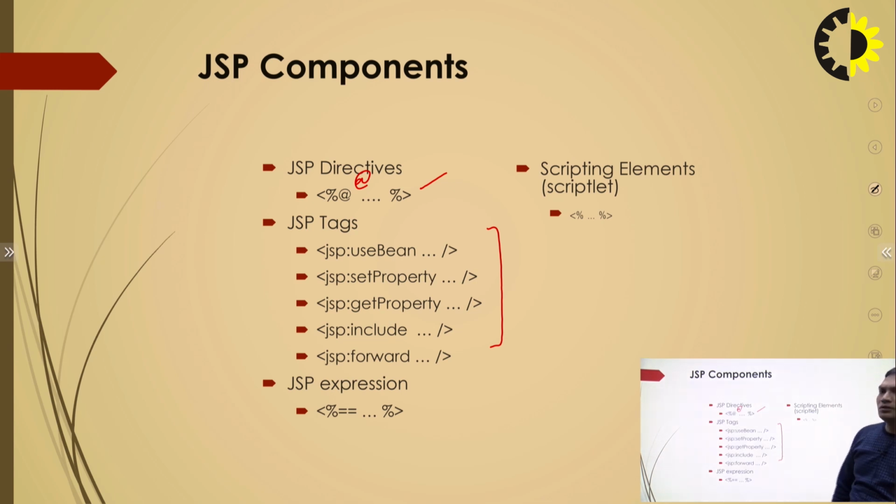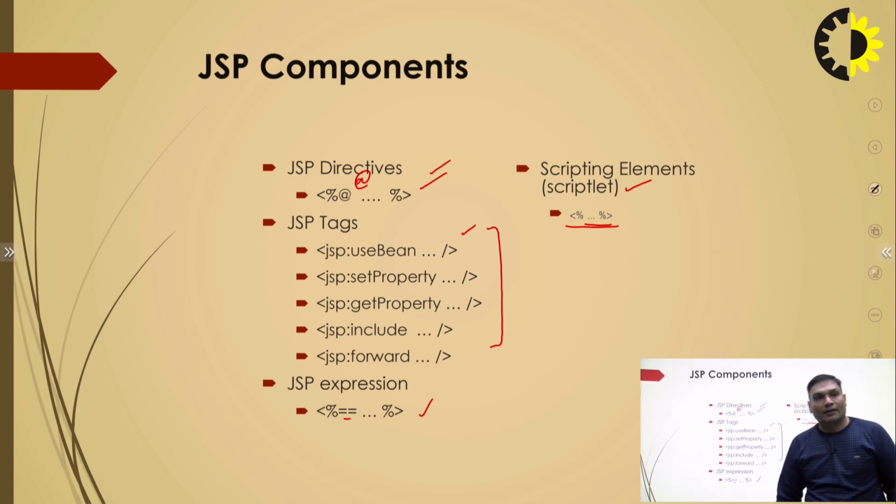We can use JSP expression like this. Here the symbol will be equal to, and if we are writing direct Java code, we can use this tag. This is called scriptlet, this is called expression, this is simple JSP tag, and this is called directive.